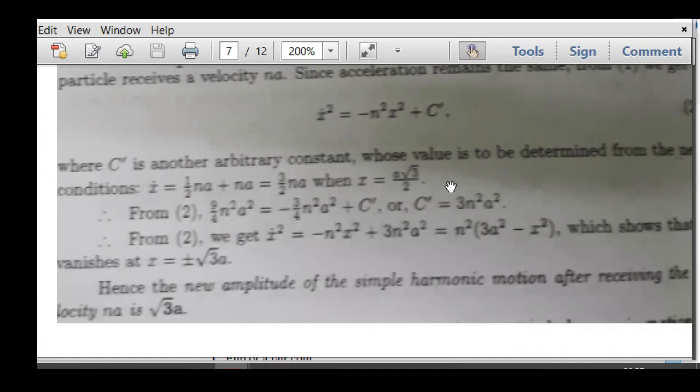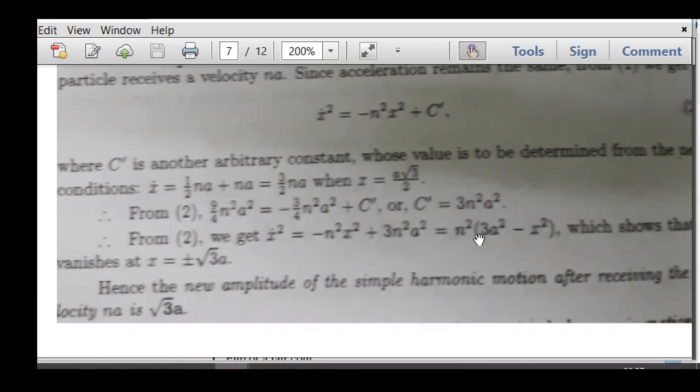You put it here and you get x dot equal to this one. So your ultimate x dot is this, keeping in mind whatever blow or velocity it is given from the origin.